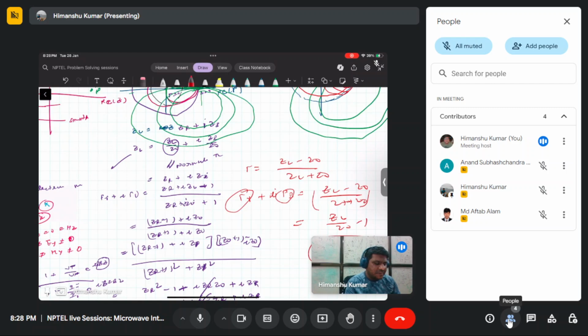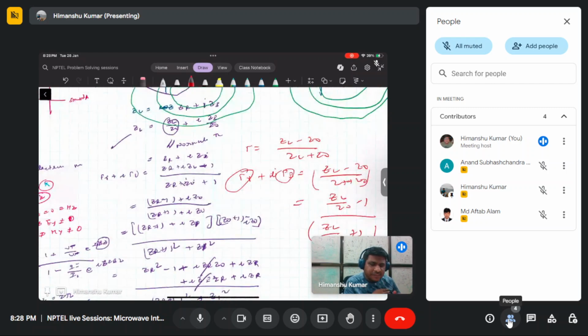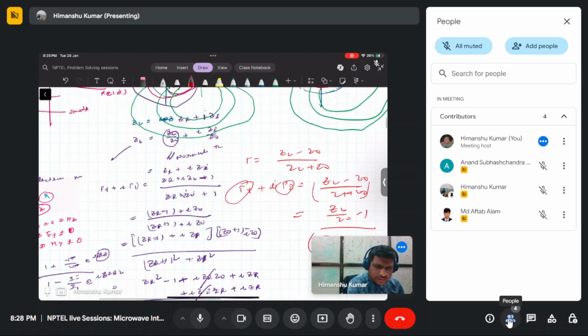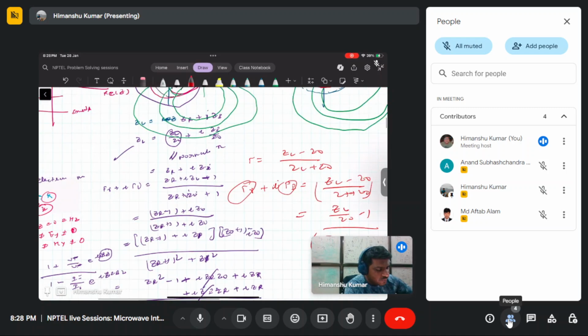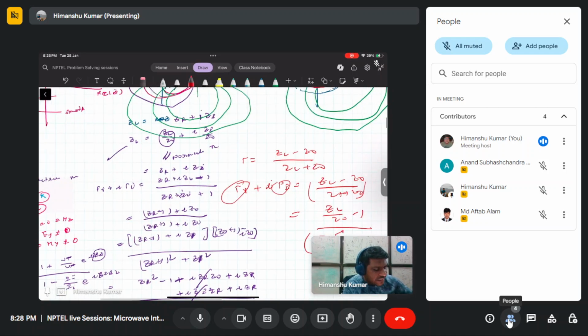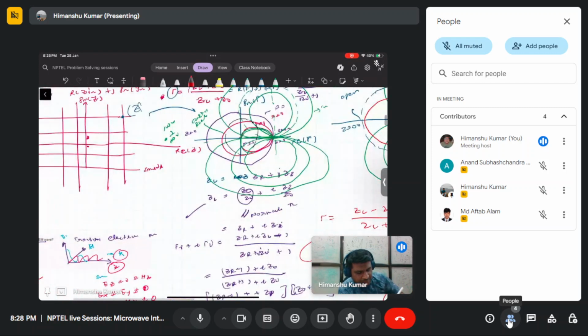So this will become, and you can represent ZL as Rx plus j times Ix. Rx is the real part and Ix is the imaginary part. This point on the real axis corresponds to Rx, and this point on the imaginary axis corresponds to Ix.